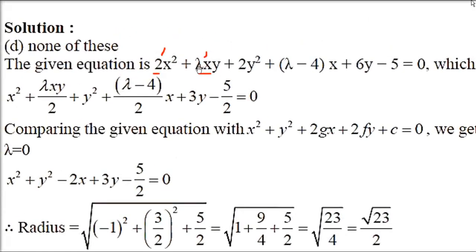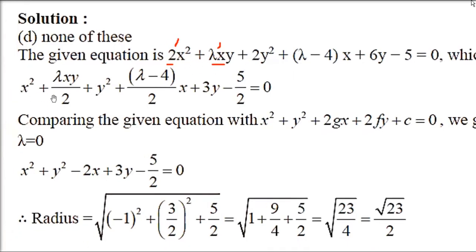See here. So just divide this 2, and then after making it unity, compare it with the general equation of the circle, x square plus y square plus 2gx plus 2fy plus c equals 0. x square y square we have already done.